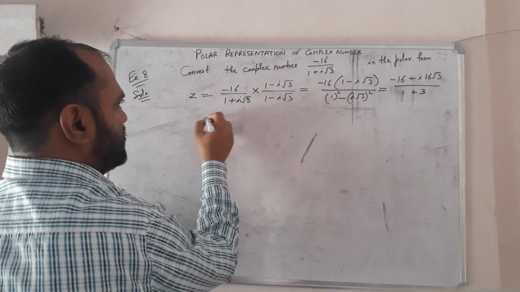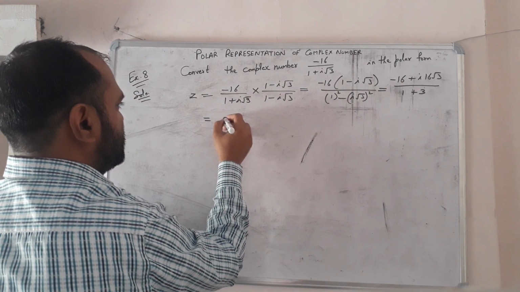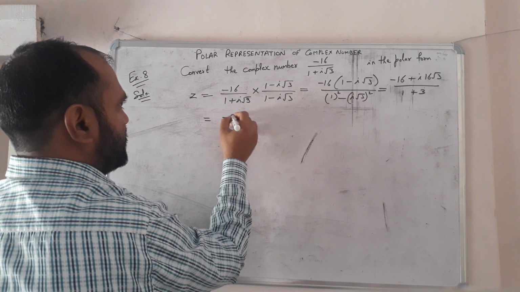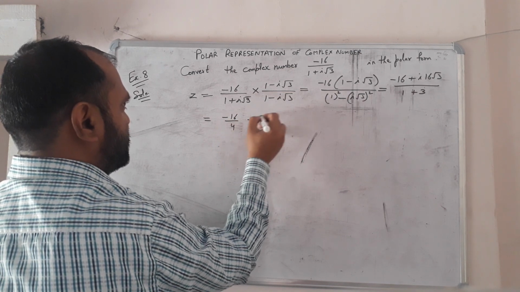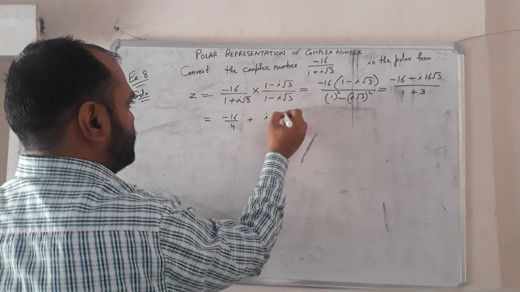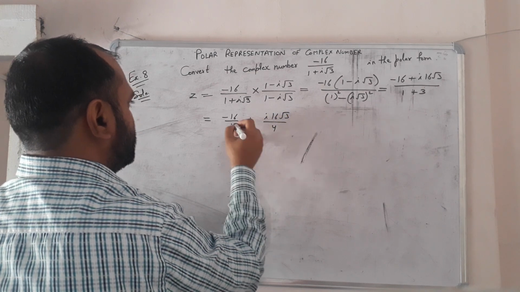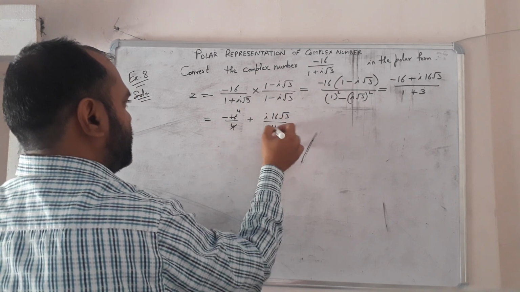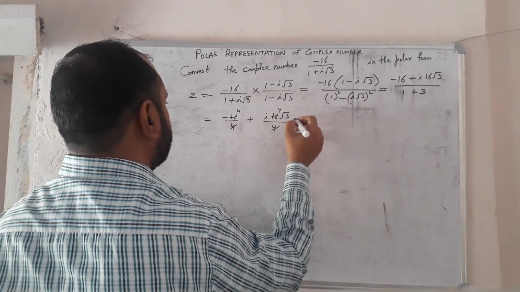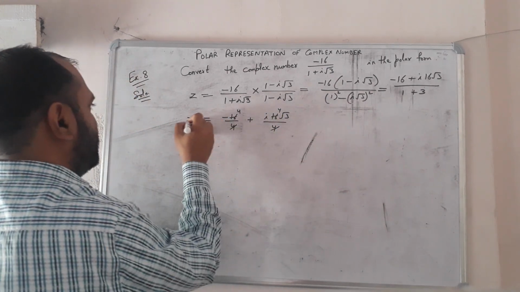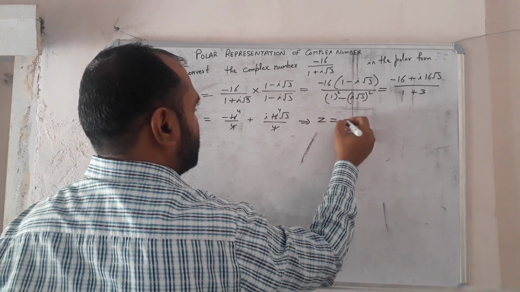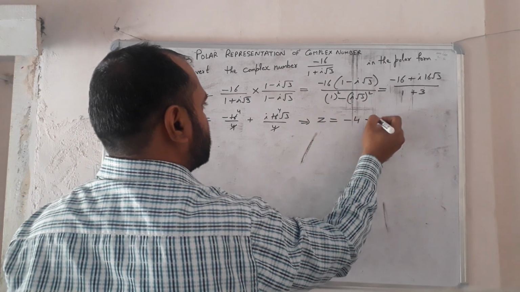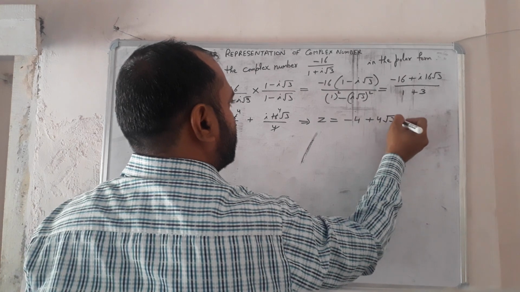So this becomes minus 16 over 4 plus iota 16 root 3 over 4. This 4 is cancelled out, and this complex number z becomes minus 4 plus 4 root 3 iota.